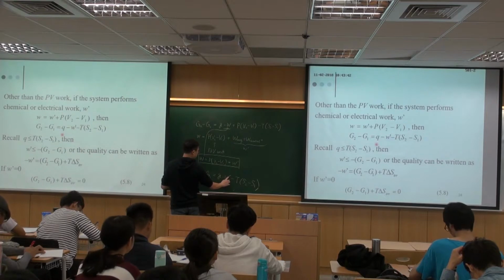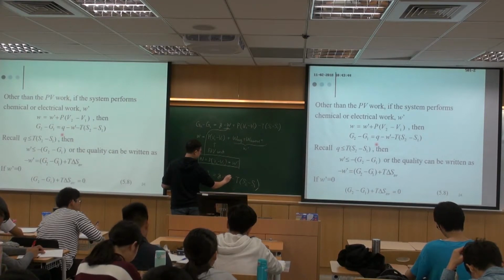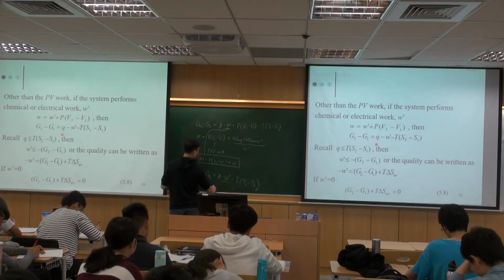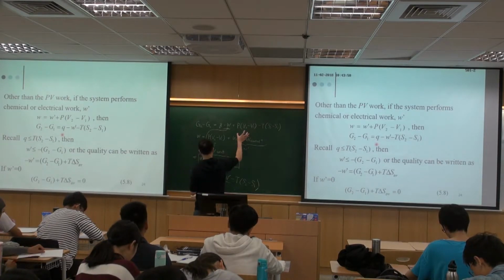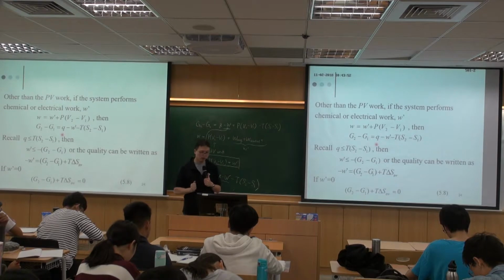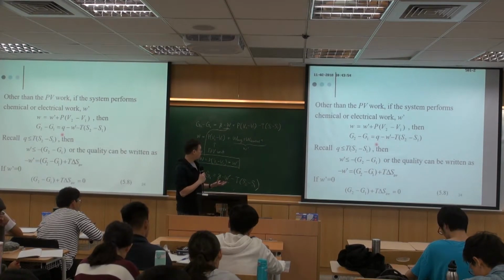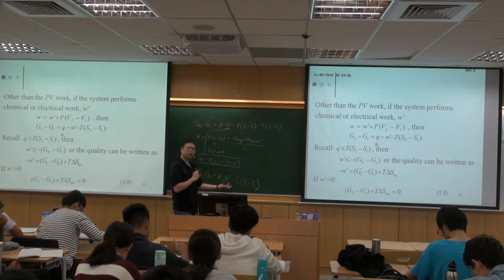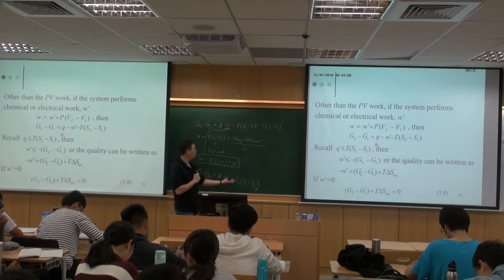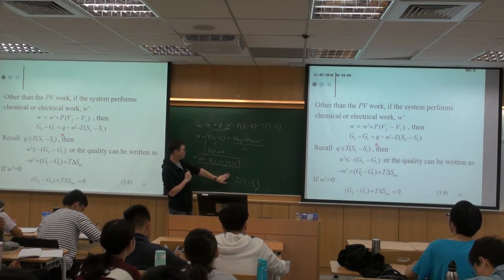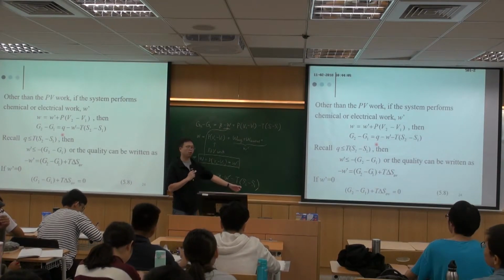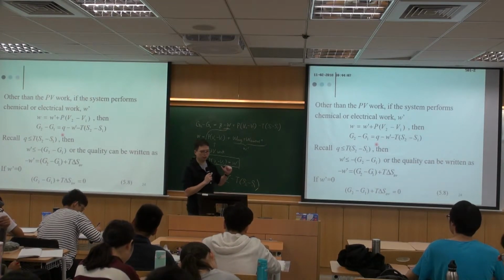So you have this work that is other than the PV work, because we know that P delta V will be canceled out over here. But of course, if you're dealing with a case without any chemical work or magnetic work or electrical work, then this term will be zero. So you will just have Q minus T delta S. Okay, then that's more straightforward.